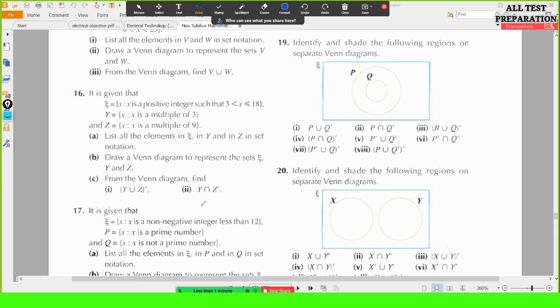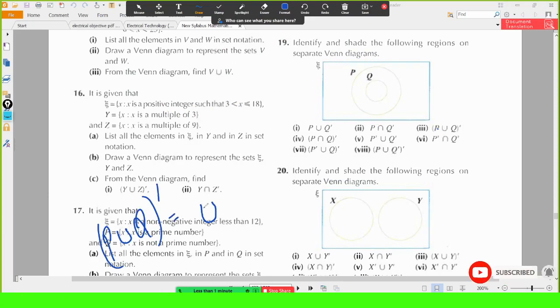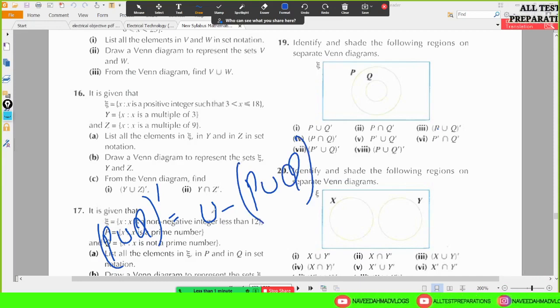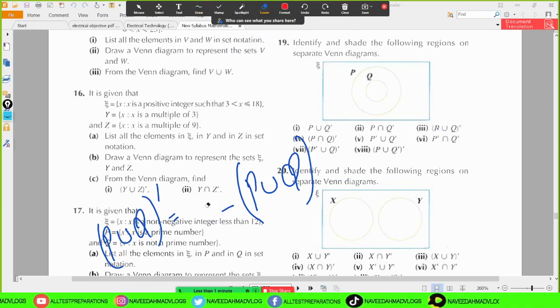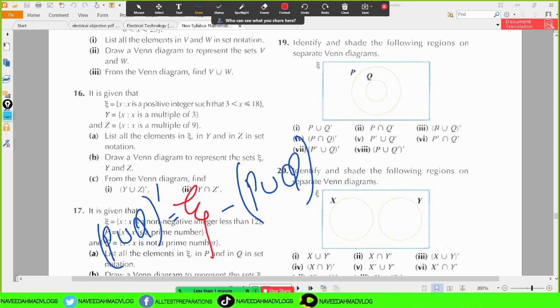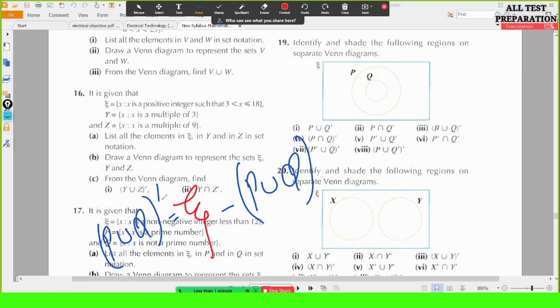So first of all, this will be P union Q bar, which means the universal set minus P union Q. Here I am not using U, just to clear the confusion between union and the universal set. So for this reason I used epsilon in your book, and you will also use this. This means the universal set. So the universal set minus P union Q, that is your P union Q bar. First of all we need to find this. So P union Q will be all elements of P and all elements of Q.